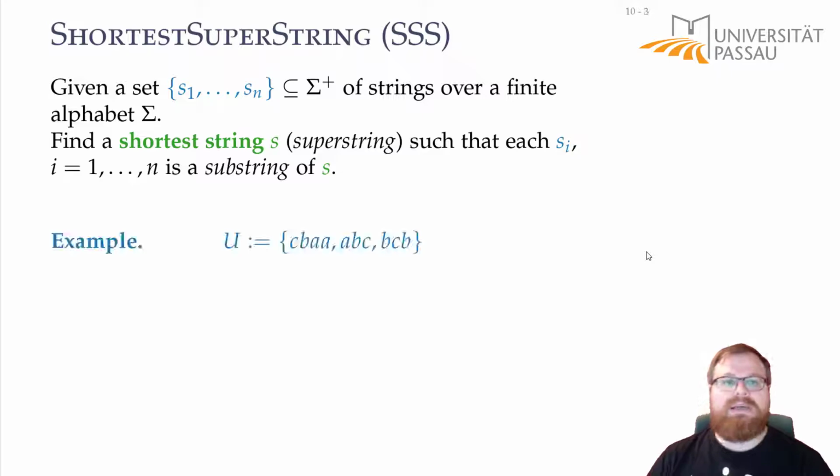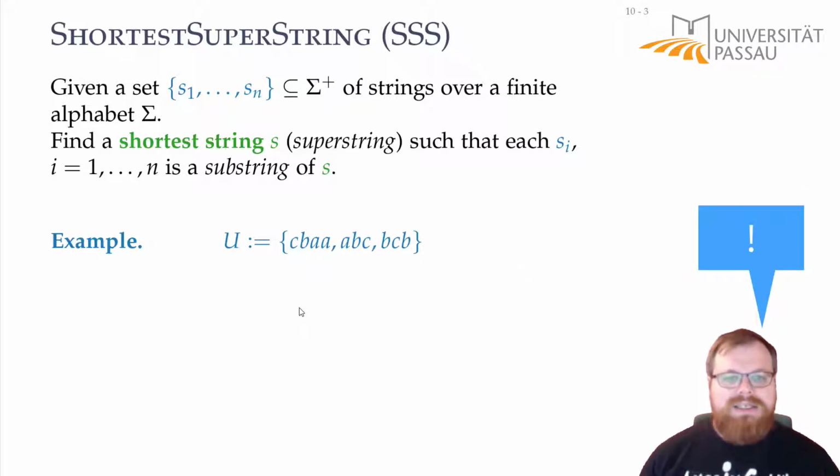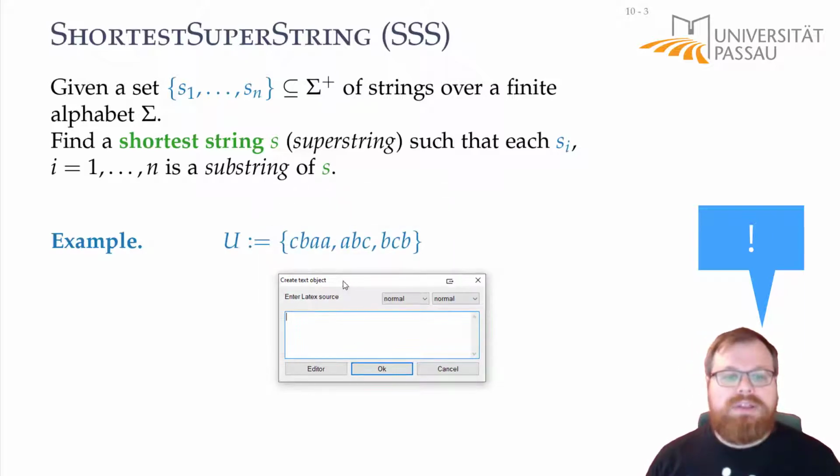For example, I can give you 3 strings: CBAA, ABC, and BCB. What is the shortest string that contains all of these? An easy way to get any superstring is just to take all these strings and put them next to each other. So we start with CBAA, ABC, BCB.